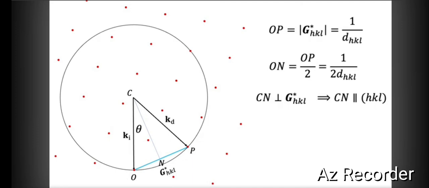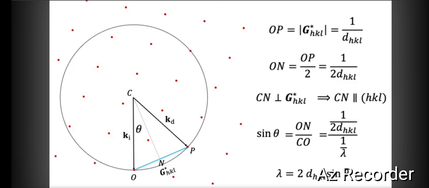Now I can use the triangle CON to find sin theta as ON by CO, which is equal to 1 by 2 DHKL. If I simplify this, you get Bragg's law, lambda is equal to 2 DHKL sin theta.